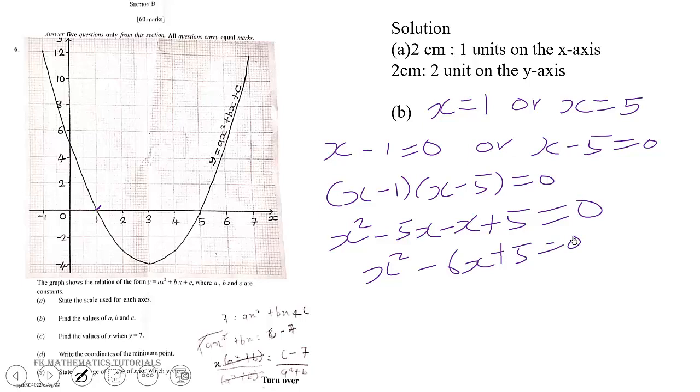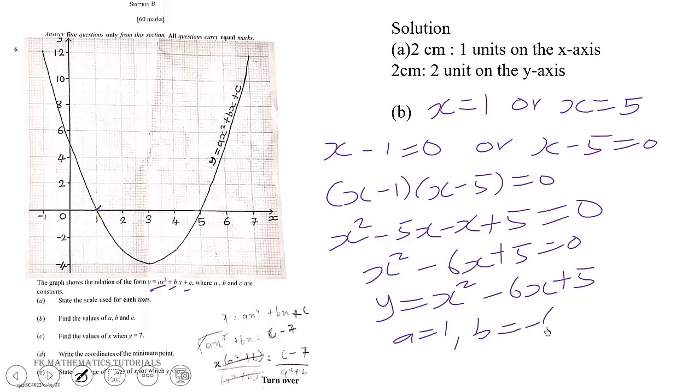When you replace the 0 by y, it becomes the quadratic function y equals x squared minus 6x plus 5. Comparing it to this, a is 1, b is equal to -6, and c is 5. So these are the values of a, b, and c.